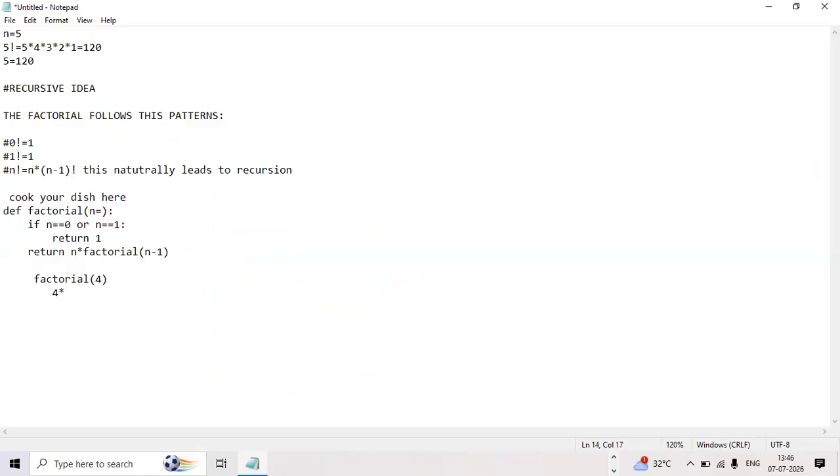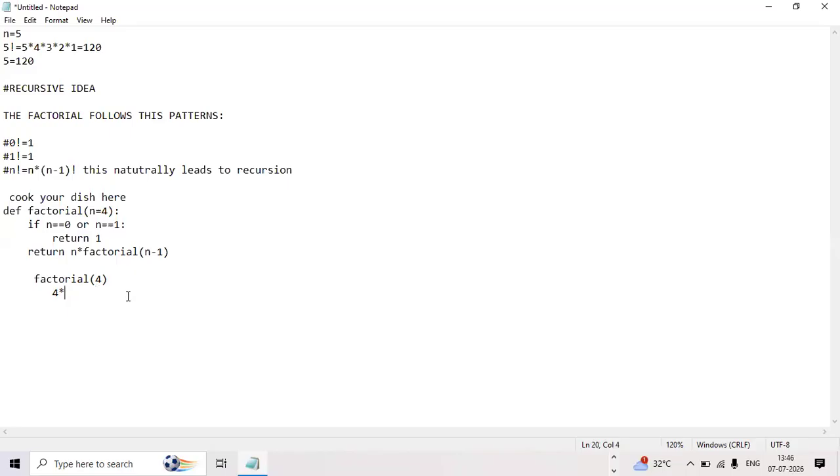N is 4 over here. If I write it, then there's no problem. So n is equal to 4 or any number. This is a test case where I'm taking 4 as my sample input.